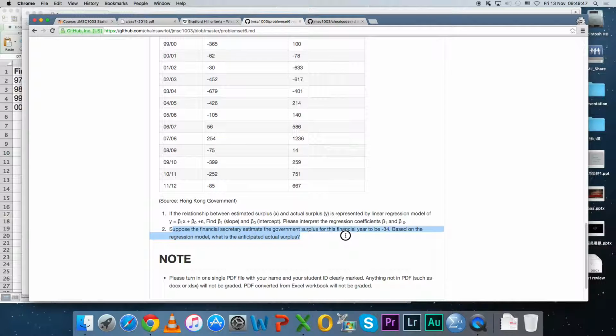Suppose the financial secretary estimates the government surplus for this financial year to be negative 34.